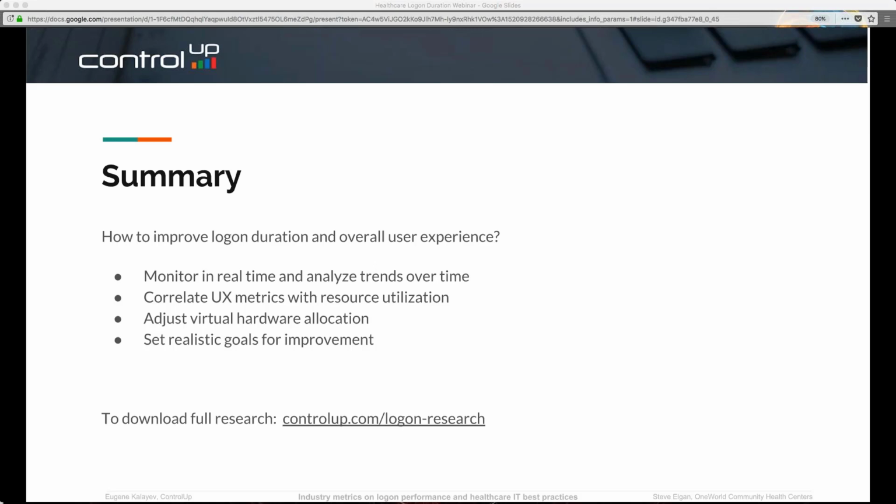We were bringing in VM metrics, user experience metrics, and hypervisor metrics all into one view, and we could correlate everything across the whole infrastructure and see where the bottlenecks and the problems were. That's how it helped.